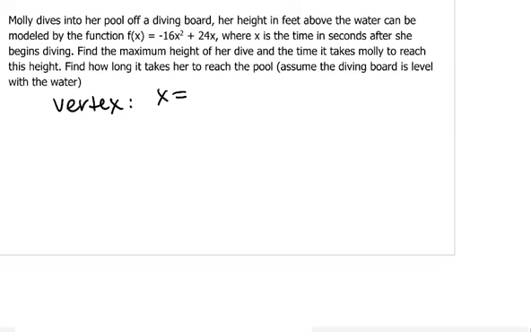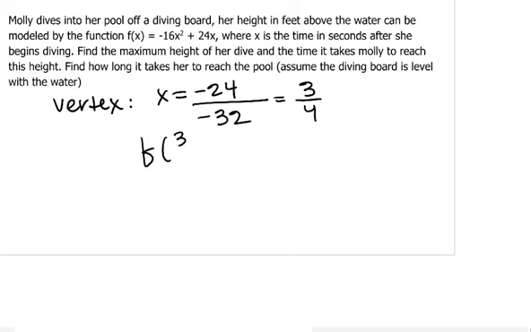x equals negative b over 2a. Well, 24 over 32 is 3/4. f of 3/4 is going to be equal to negative 16 times 3/4 squared, which is 9 over 16, so that's negative 9, plus 24 times 3/4.